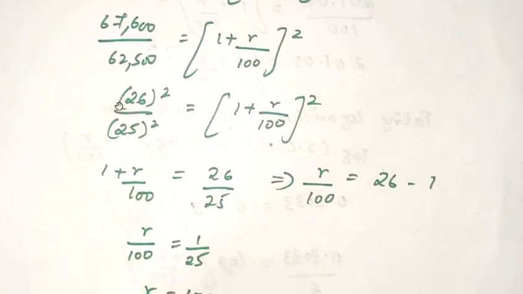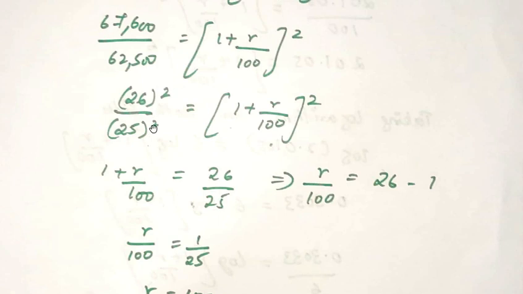So this can be brought down to a factorization, and 26 square is 67,600 and 25 square is 62,500, because here we have the square, in order to have the same base, which is equal to 1 plus r by 100 to the whole square.